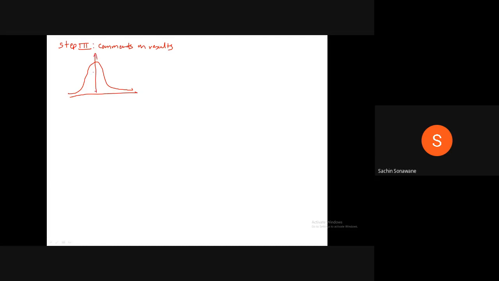This diagram is for machine A. Now, what is Z1 here? -1. Therefore, we will write down here -1 and Z2 is equal to 2.33.